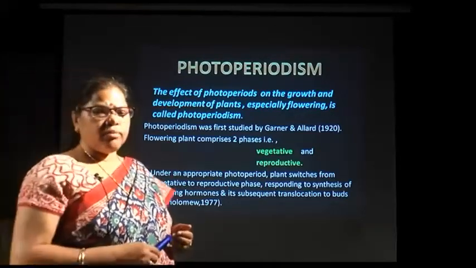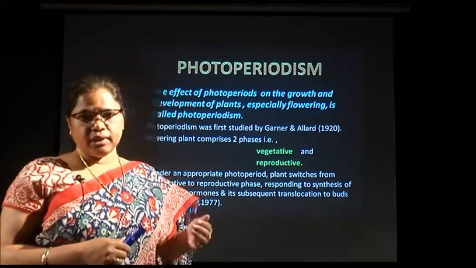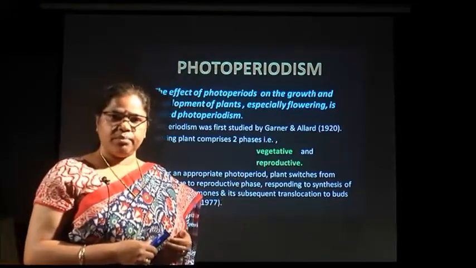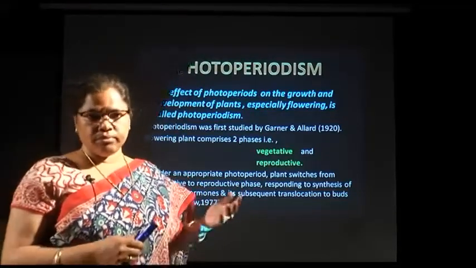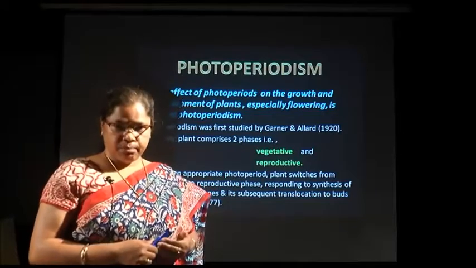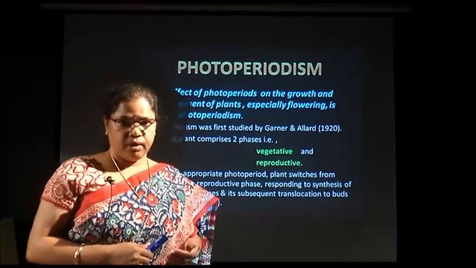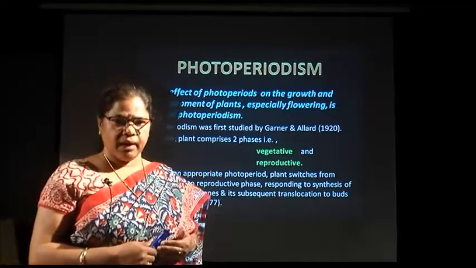And as you know, every flowering plant has two phases. One is called the vegetative phase, when the vegetative parts like roots, stems and leaves grow fully, and at a certain period the reproductive part grows, that is the flower. Flower does not grow from the very beginning of plant growth.